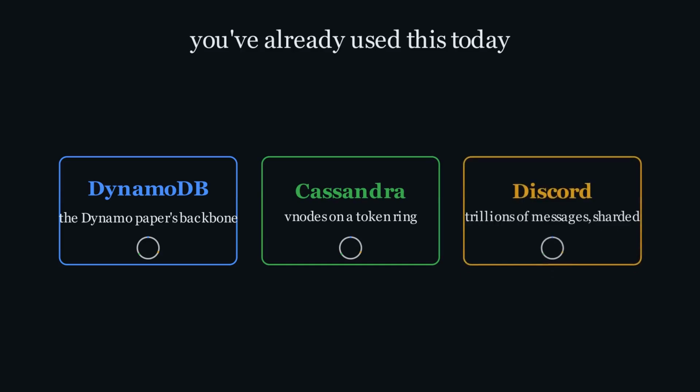Discord used consistent hashing to spread trillions of messages across database nodes, and your CDN, your load balancers, sticky sessions, your Redis cluster client, ring hashing is quietly doing its job in all of them. Once you see the ring, you see it everywhere.